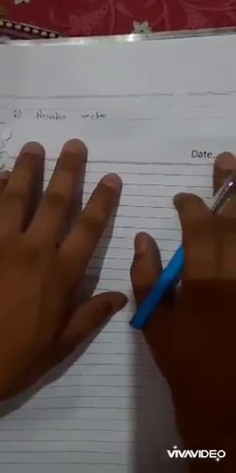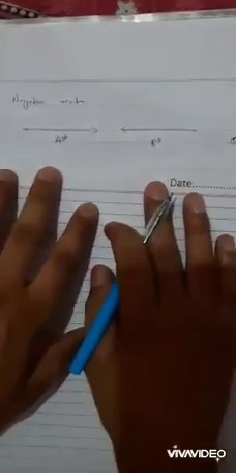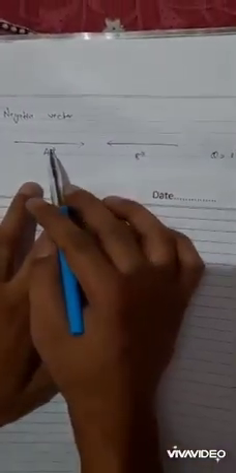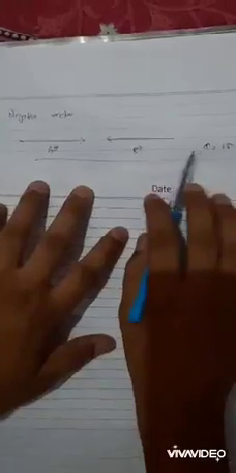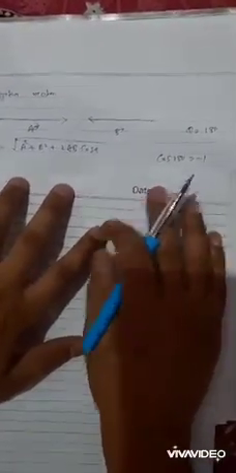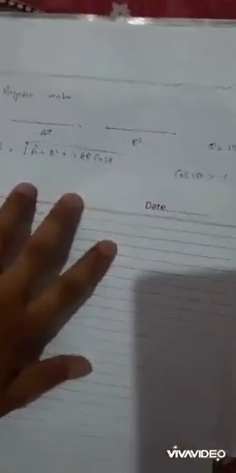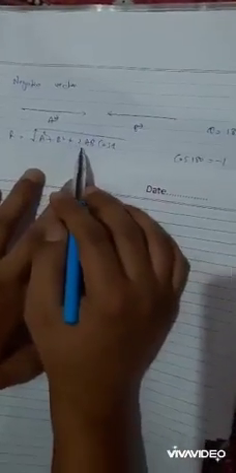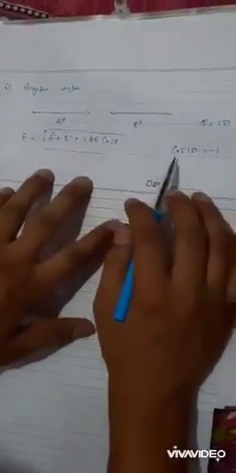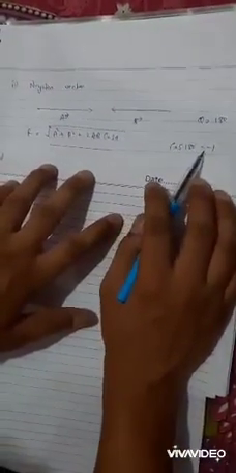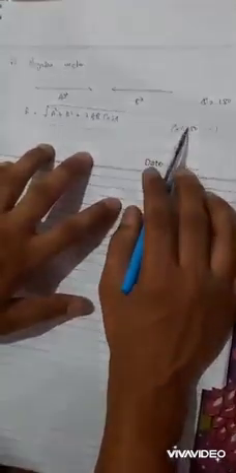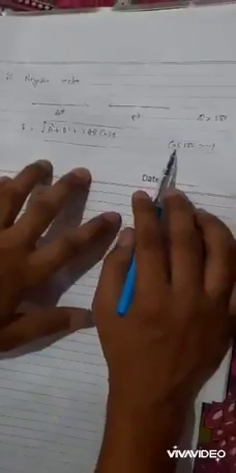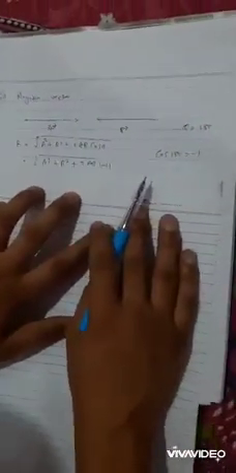Next is the negative vector. Negative vectors are in opposite directions, and the angle between them will be 180 degrees. First we find the resultant: R equals the square root of a square plus b square plus 2ab cos theta, and cos 180 degrees is equal to -1 because theta is 180 degrees.